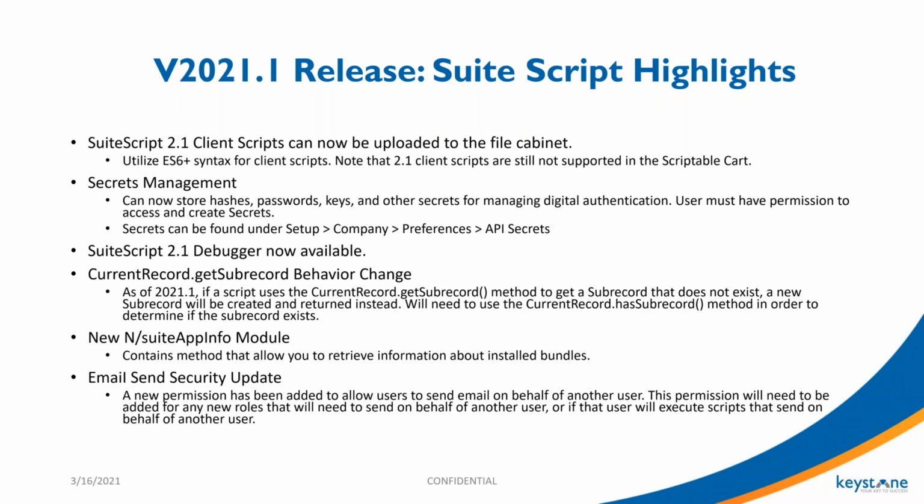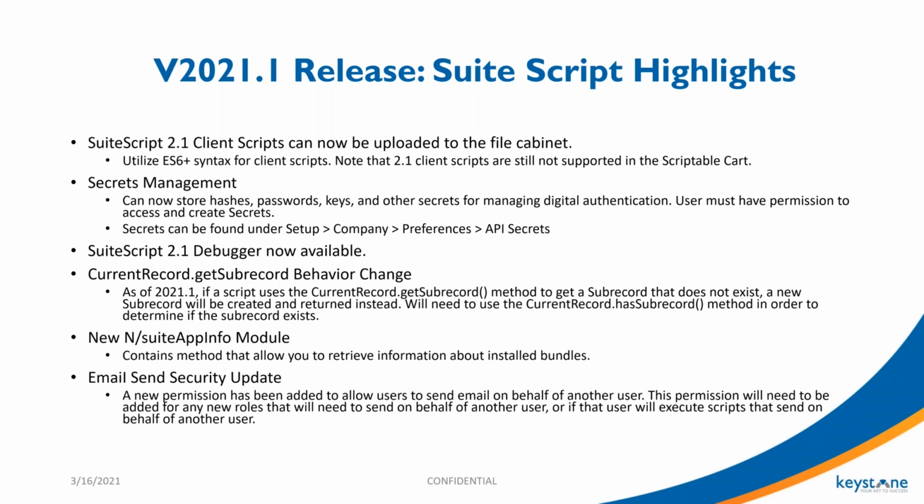Previously, if you called that method on a line that didn't have a subrecord, it would return null, and that would be one way of checking whether or not there was a subrecord on that line. What's changing is now if you call that method on a line that doesn't have a subrecord, it will create a new subrecord and return that instead.